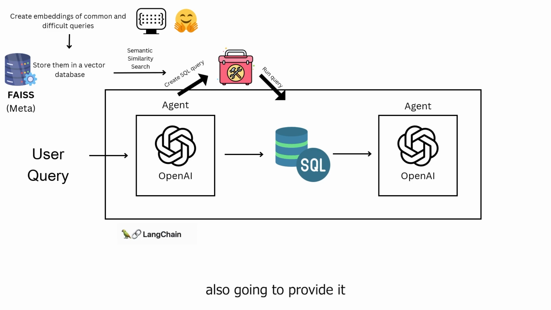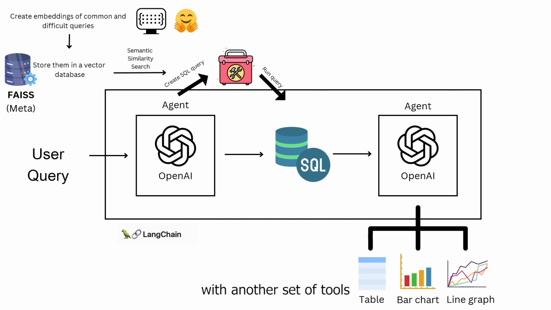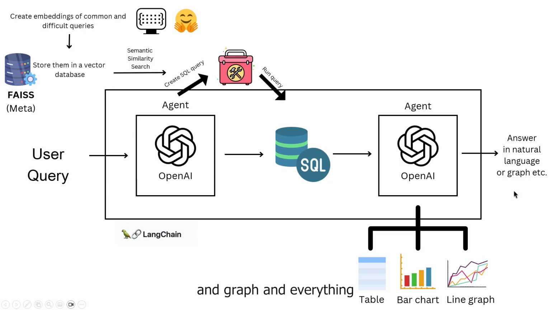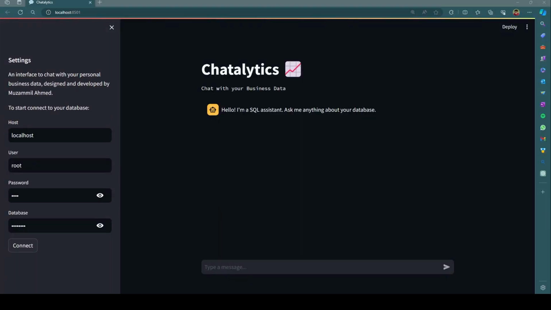And with this, we are also going to provide it with another set of tools which it can use to create tables, bar charts, line graphs, stuff like that, right? Now after it has gotten and created all the visualizations, it can just give a final response, in natural language and graph and everything, which sums up this whole workflow diagram. So from here to here, that's how everything will work in our system.